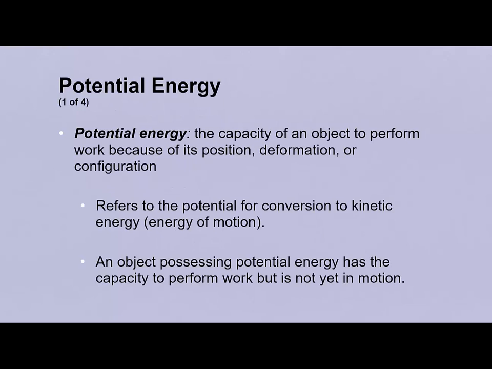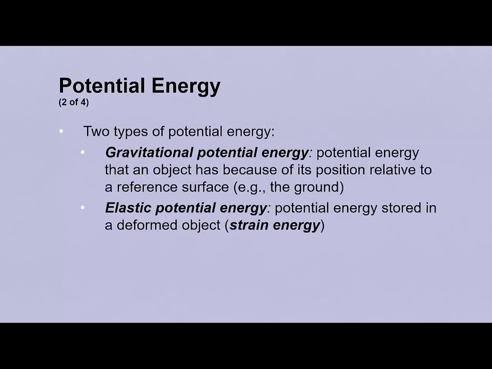So if I'm holding, I don't know, a dumbbell about 6 feet up in the air, it has the potential to change to kinetic energy once I let go. And that potential energy, that gravitational potential energy, which is really what we're only going to cover in this course, is related to its position to the ground or its height.